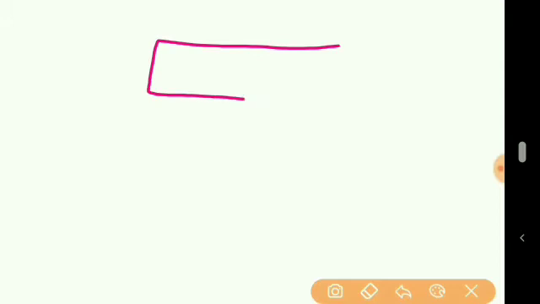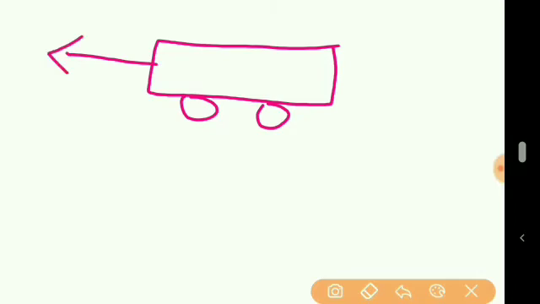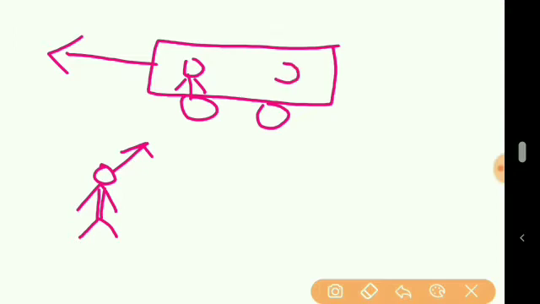For example, suppose a train is moving and a person standing on a platform is observing the person sitting in the train. Also, there is one more person sitting in the train.